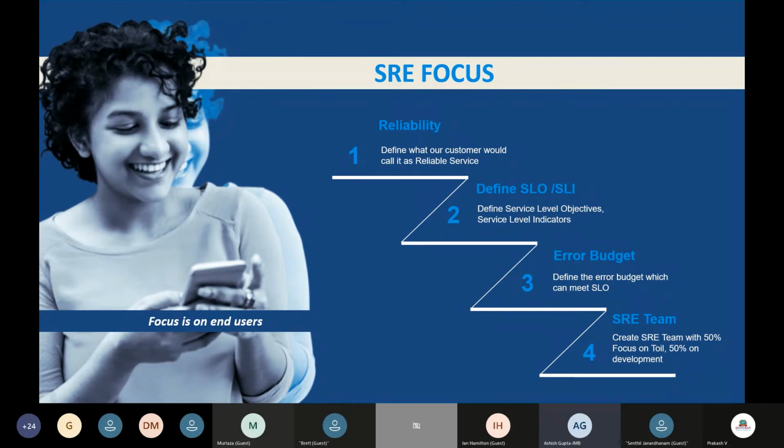So it is very important that the SRE team blocks 50% of their time for managing tickets, which essentially means that if there are, let's say, 2 or 3 major incidents, they might handle just one major incident at that point of time, and not more.